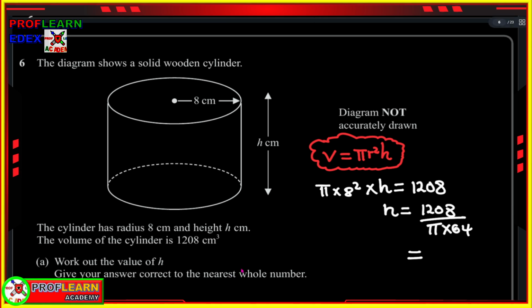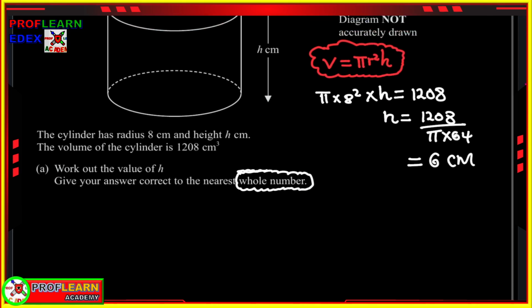Always check whenever you're answering your exams that the number that you have here follows the instruction that is provided, otherwise you'll be losing marks of accuracy. So that will be 6 whole number centimeters. So the height in this case is going to be 6 centimeters.